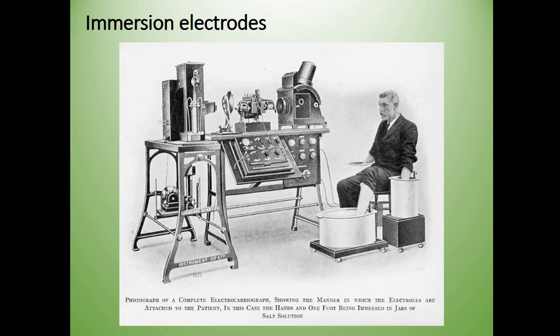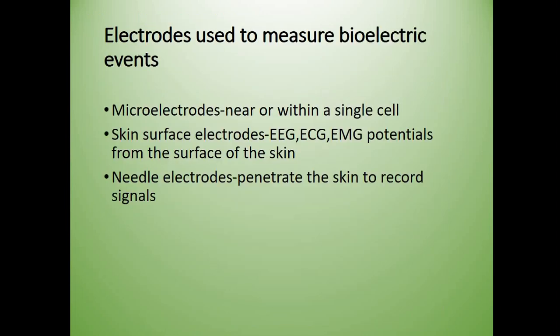Now, great improvements were made over the immersion electrodes with the development of plate electrodes. Based on the type of biopotentials acquired, there are three types of electrodes available. The first one is the microelectrodes, where the acquisition can be from within a single cell.